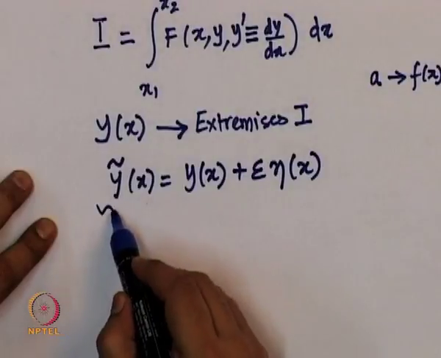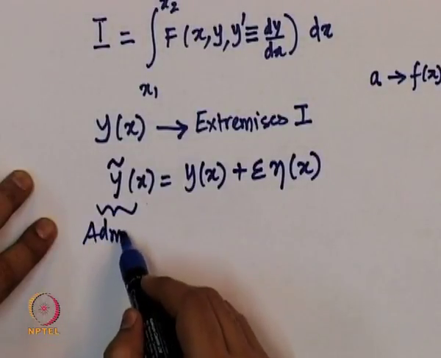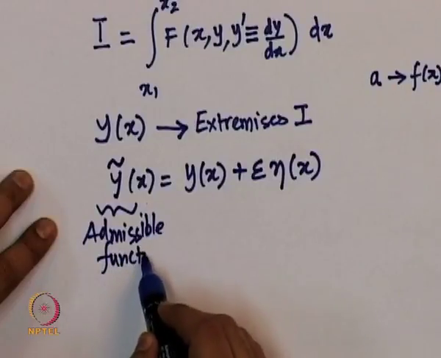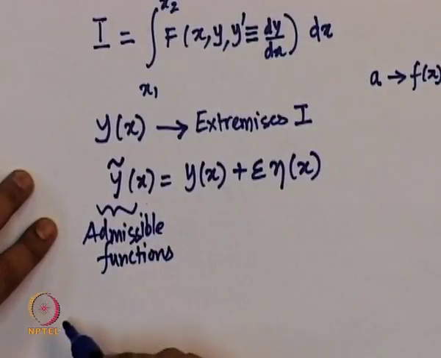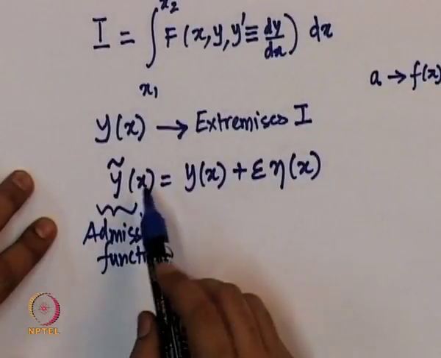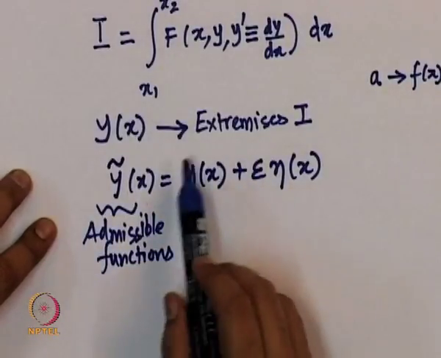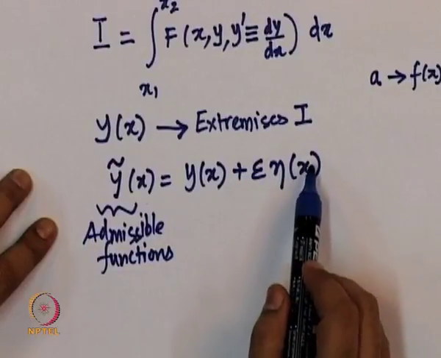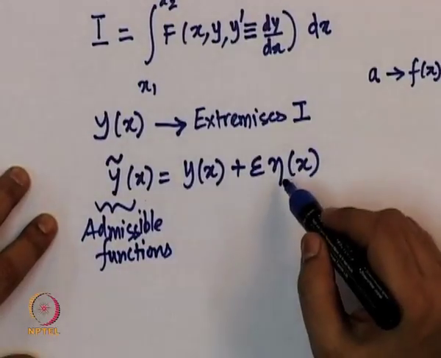So, these are admissible functions. They are the extremizing function plus some scalar parameter epsilon multiplying some other function eta of x.